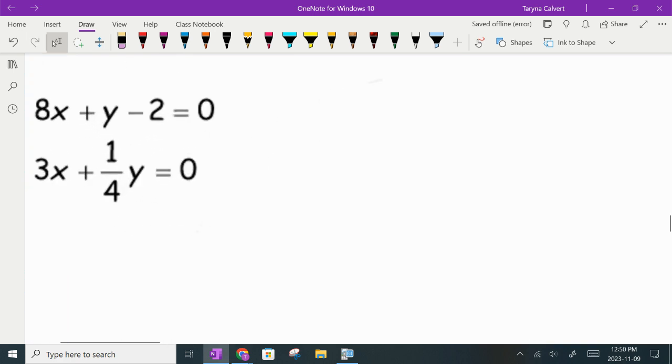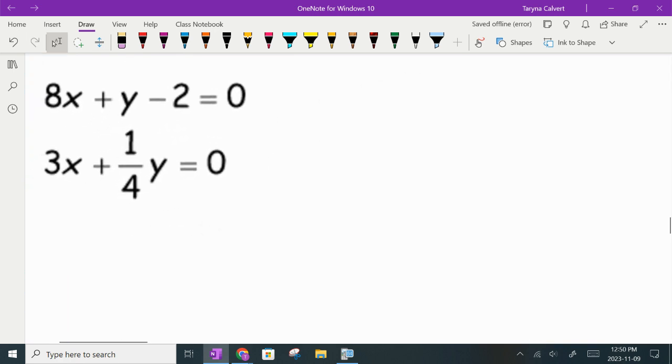And then something like this, they could get worse in the sense of, is the top one nice? Yes. The bottom one has a fraction in it, but is that fraction actually horrible? No. But I want to remind you guys, if you didn't like the fractions, could you get rid of it? Yes, you could multiply that whole bottom equation by what? You guys remember general form? It's the same idea.